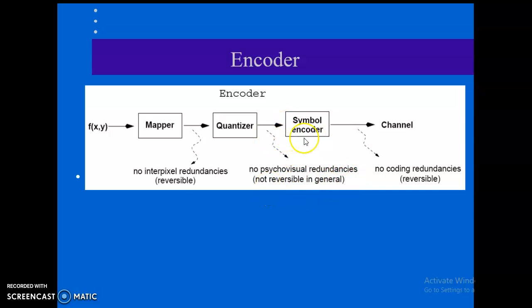The quantizer output is given to the symbol encoder. The symbol encoder output is given to the channel and has no coding redundancies and is reversible.